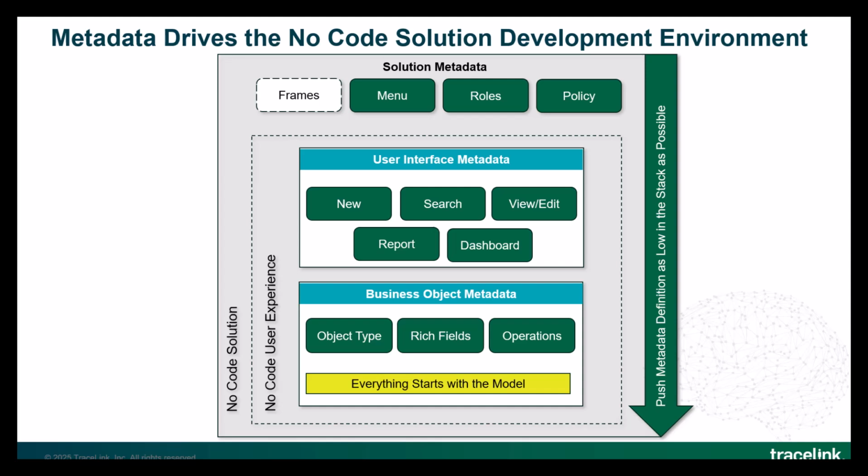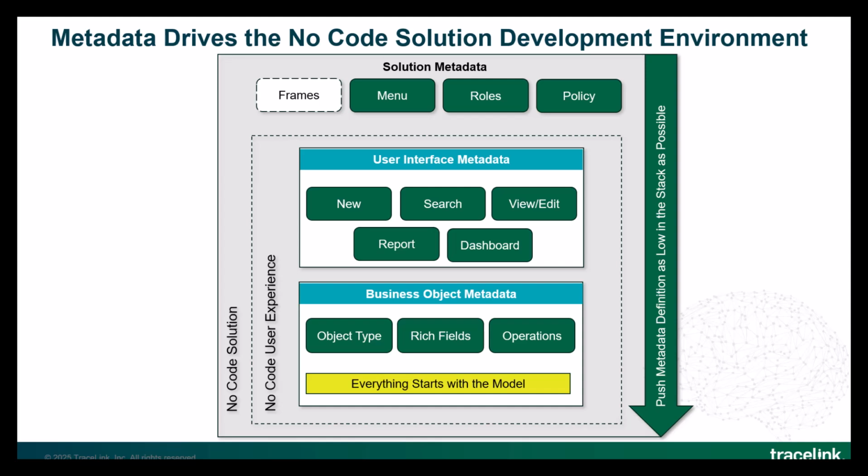Business object metadata. The business object layer is where we define object types, fields, and operations, which form the core characteristics and behaviors of an application, laying the foundation for how the system functions. User interface, UI metadata.